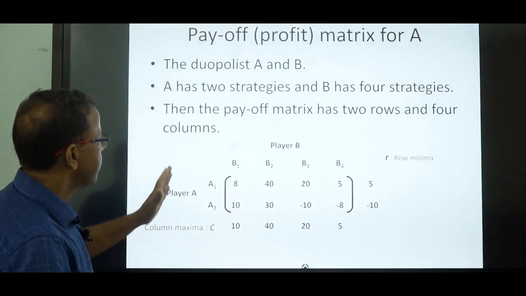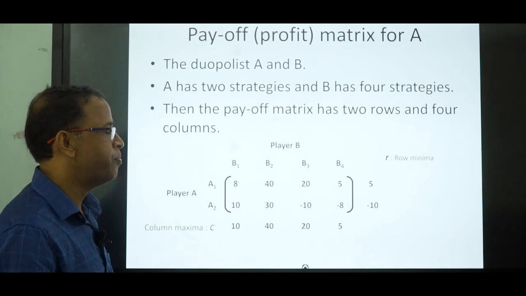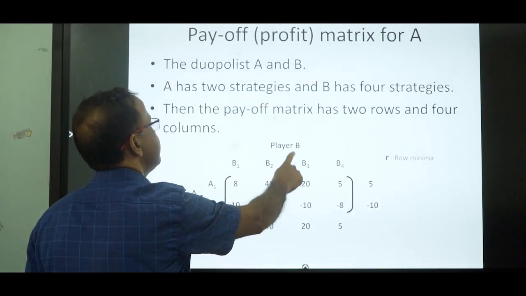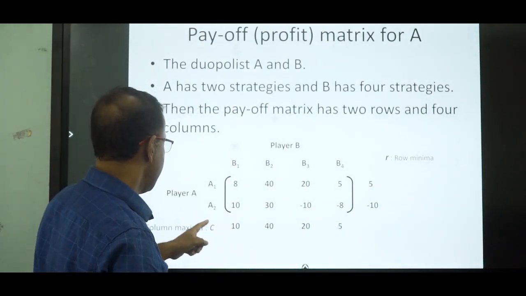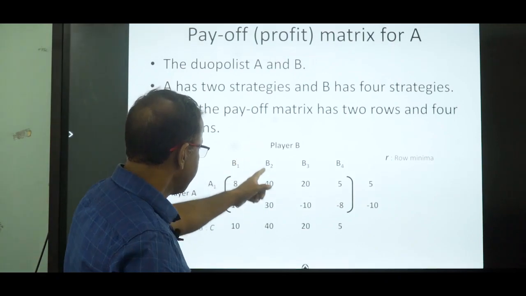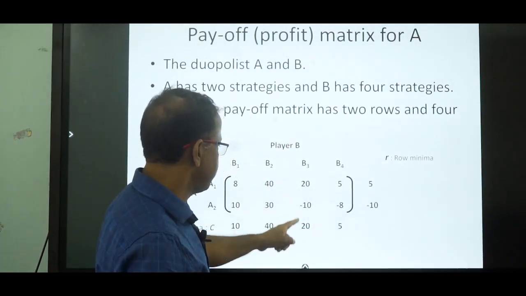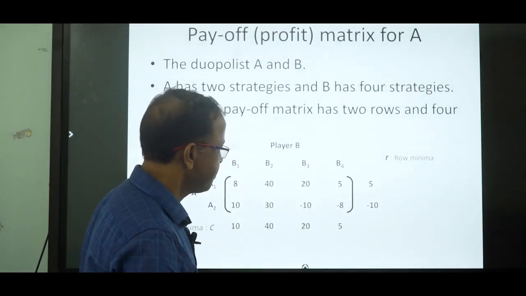And like from the B strategies, that means 4 strategies of B, from the first strategy, second strategy, third strategy, fourth strategy. From the first strategy the maximum value is 10, second strategy maximum value is 40, third strategy maximum value is 20, and fourth strategy maximum value is 5.